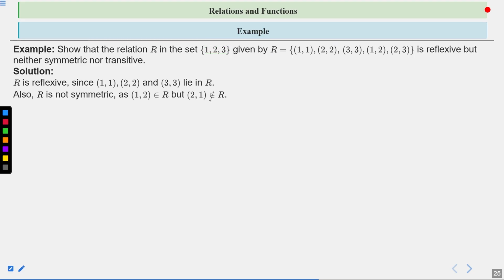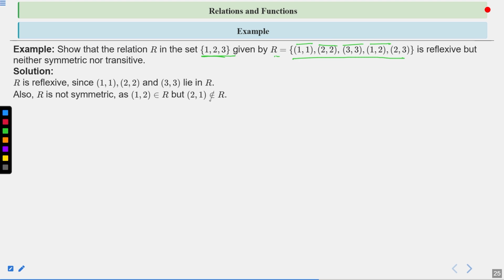Now for symmetric, we always start with the elements in the relation set, not with the domain set. In reflexivity we start with the domain set. Now just try to see that for each pair you must have the pair of opposite order, meaning if you have (1,1), then if you reverse the order, that pair must also belong to the relation R. If you reverse the order you get the same element, and the same goes for these, but in this case (1,2) belongs to R, already given to you.